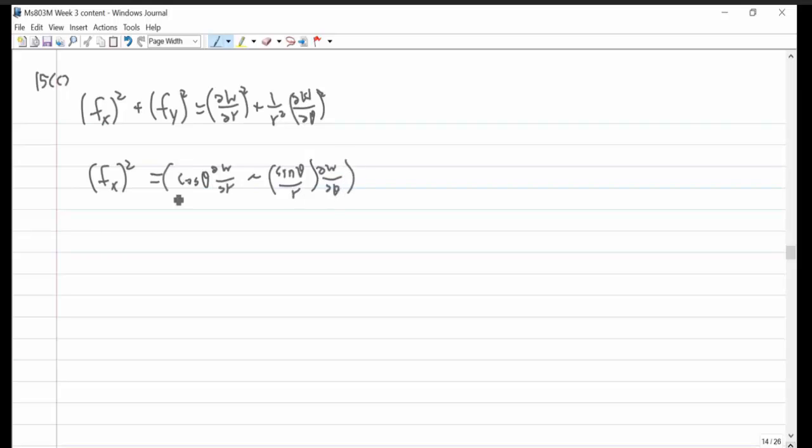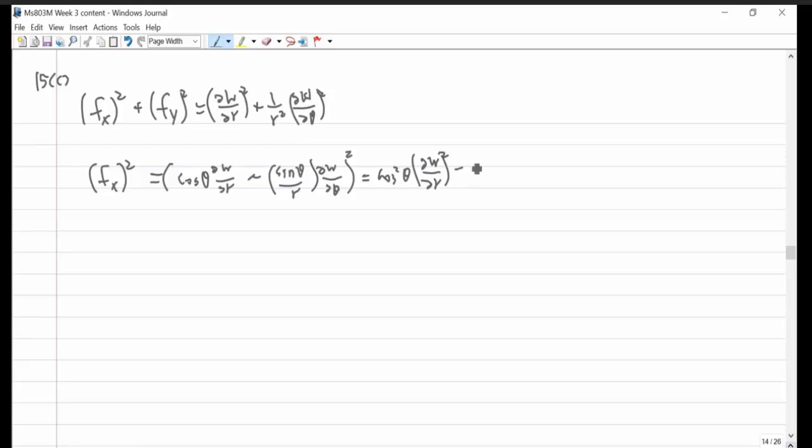Then you square it. So you square it and become cosine square theta, partial with respect to r, squared.